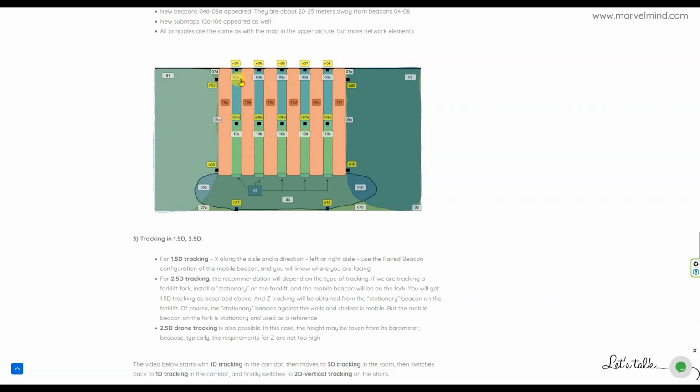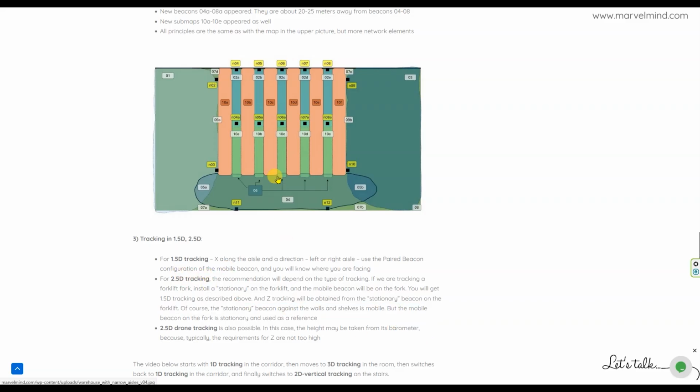Along the x-axis, ultrasound is used. 0.5 is by the mobile beacons. So direction of the drone and Z coordinate for the drone is possible from a barometer, for example. So you have a height from the barometer.